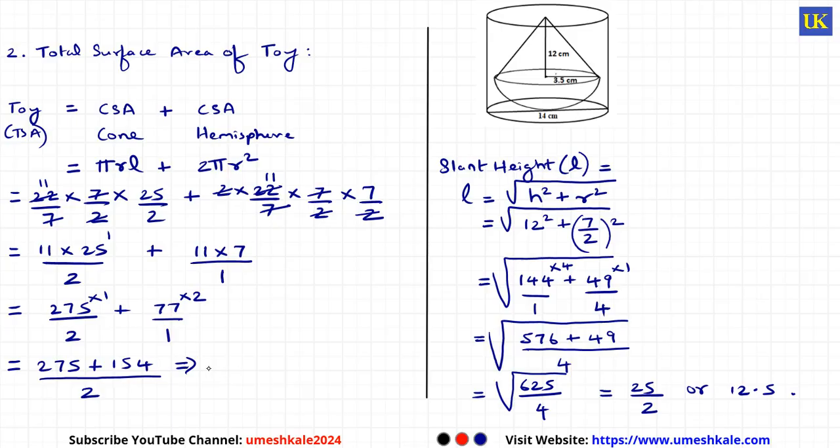So this will become 429 upon 2, and the final answer will become 214.5 centimeter square, because this is area. Okay, so guys, this is the area. Total surface area of the toy, 214.5 centimeter square. For area we write centimeter square.